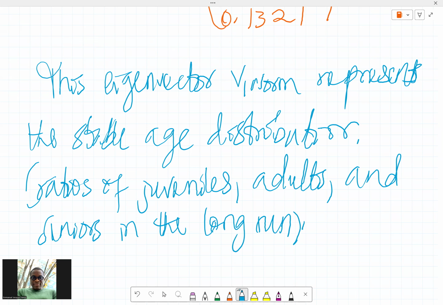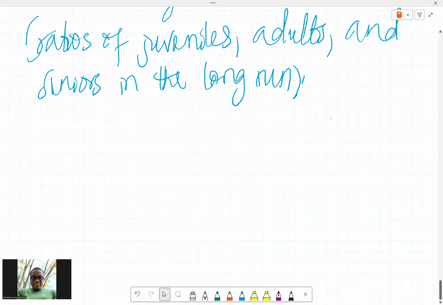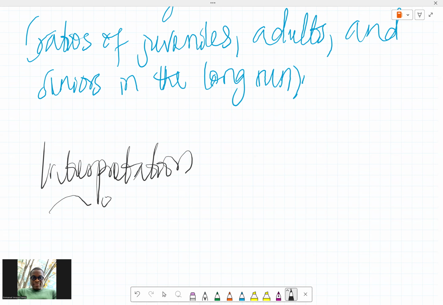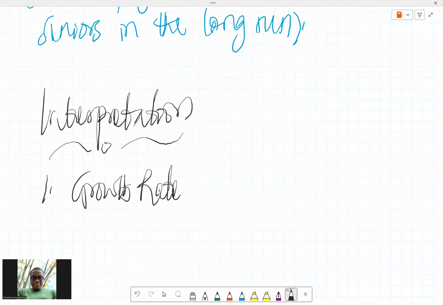Okay, so now what's the interpretation of this whole thing? Interpretation. Number one, we have the growth rate. Because the growth rate is bigger than one, it means the population is going to keep increasing.